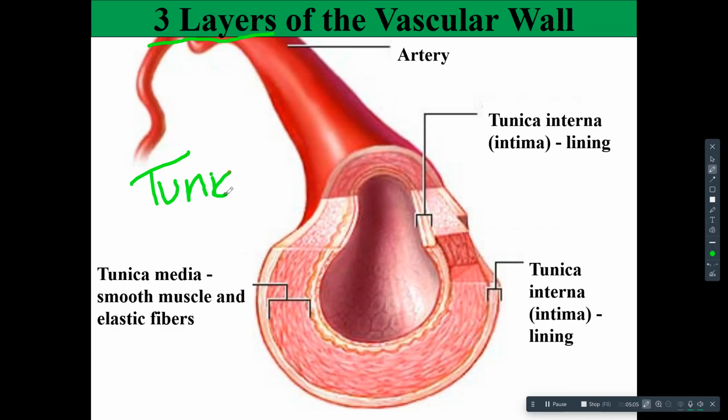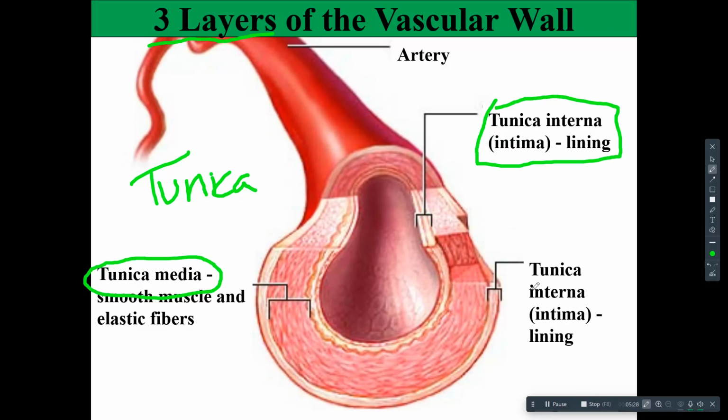So a tunica is a layer or a coat. The innermost layer is called the tunica interna, also known as the tunica intima. Then the middle layer is the tunica media, which is primarily smooth muscle.